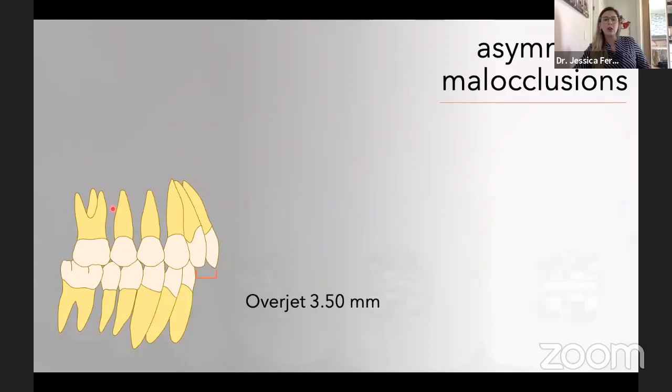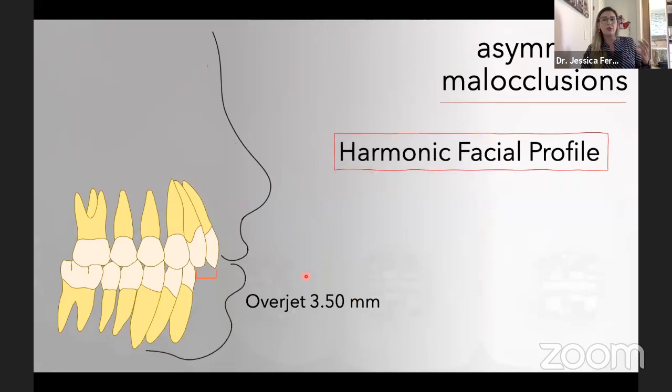This amount of overjet is usually compensated, camouflaged by the soft tissue. So with an overjet of 3.5 millimeters, the soft tissue compensates, giving our patient a harmonic facial profile. So usually patients with asymmetric malocclusions have a good, harmonic and satisfactory facial profile.